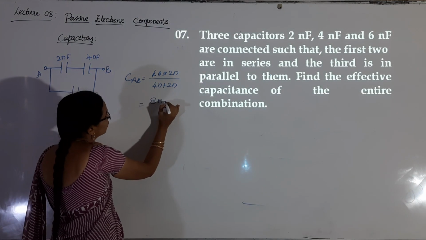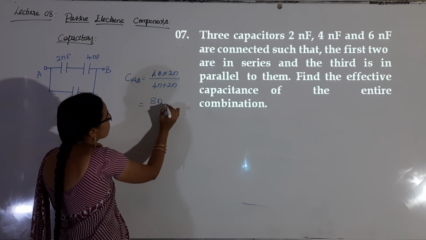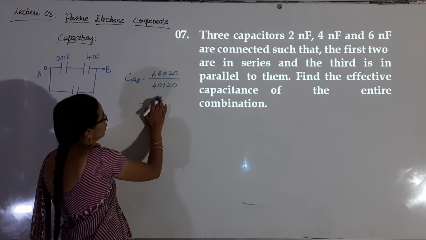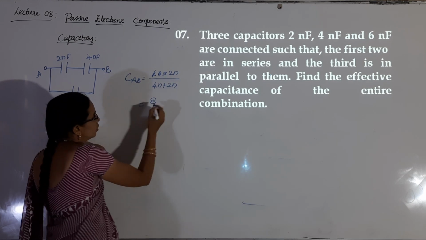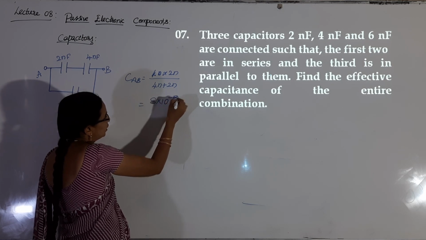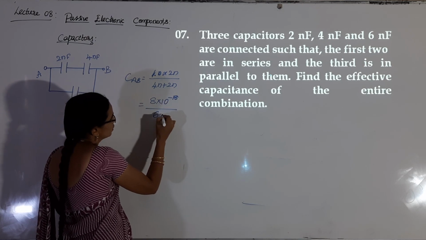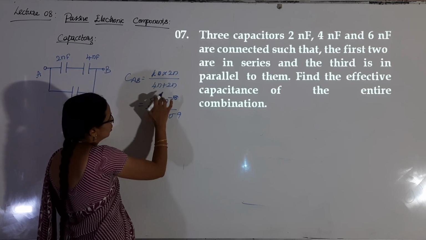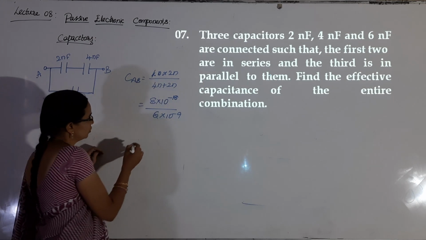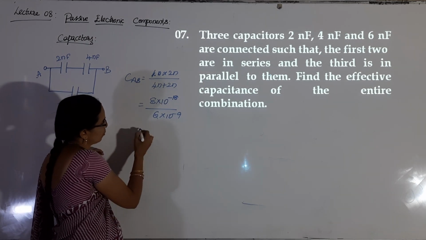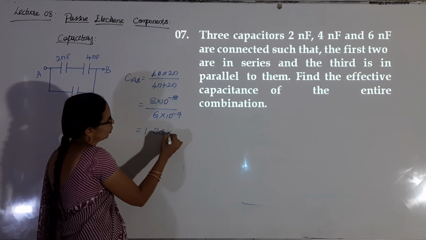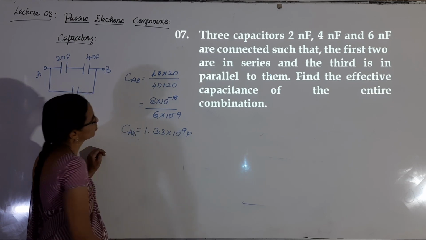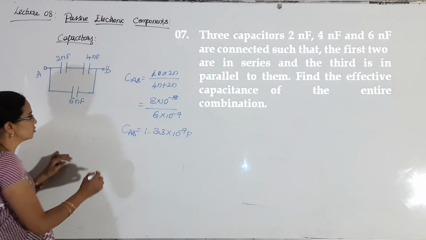8 nanofarad, nano square it will be again 8 into 10 to the power of minus 18 divided by 6 into 10 to the power of minus 9. 8 by 6, that is 4 by 3, 1.33 into 10 to the power of minus 9 farad is CAB.